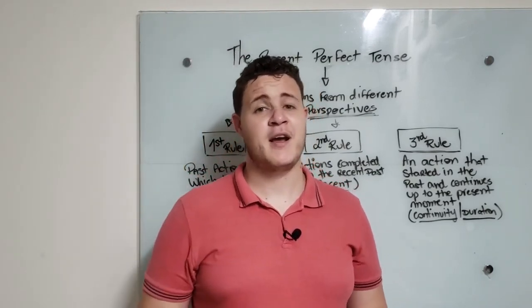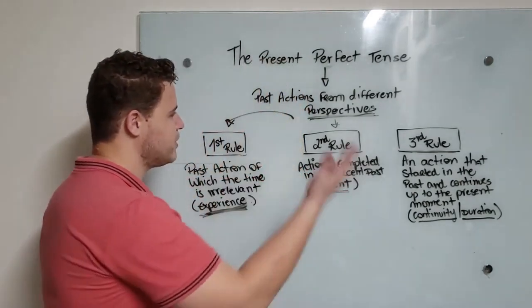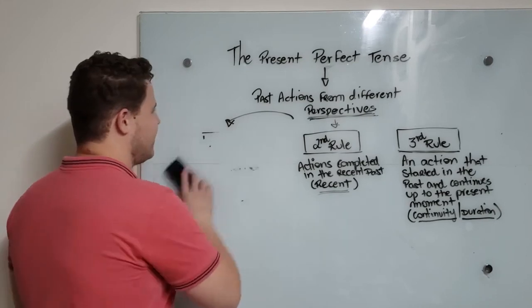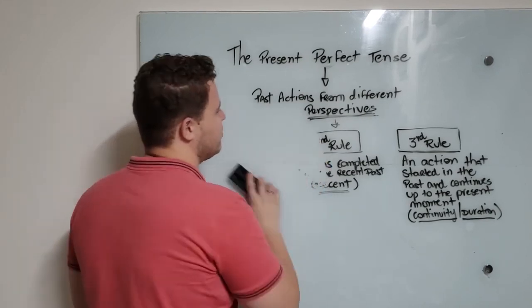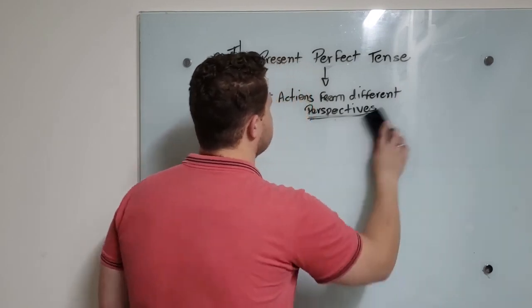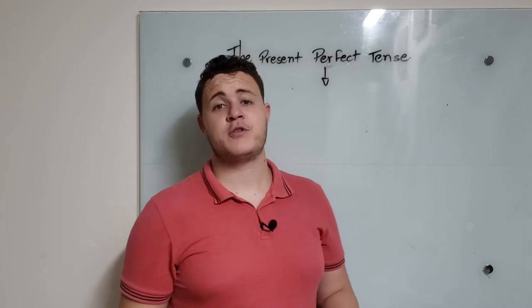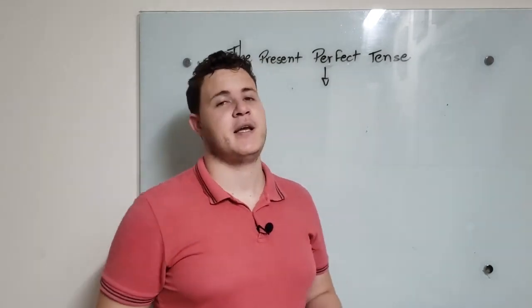Before we actually consider this introduction, I'm going to erase this, clean the board, so I can also talk about something very important, okay? So now let's talk about the structure of the present perfect tense in English.